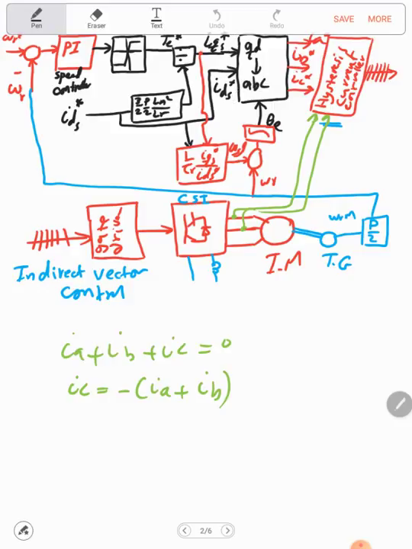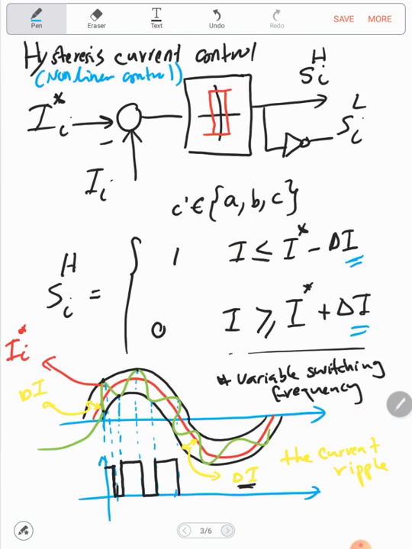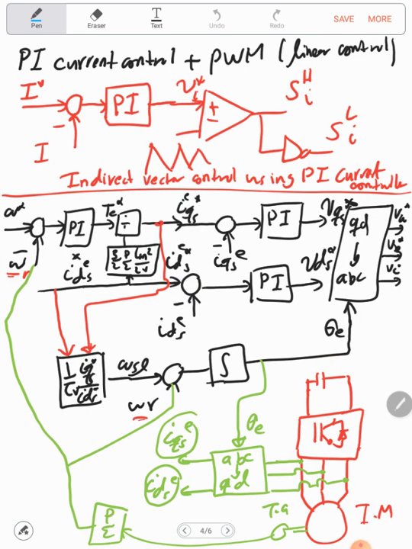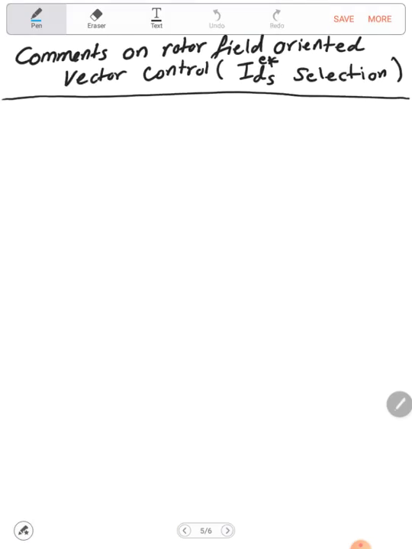Today I will speak with you about how to specify or design the flux component of the stator current.